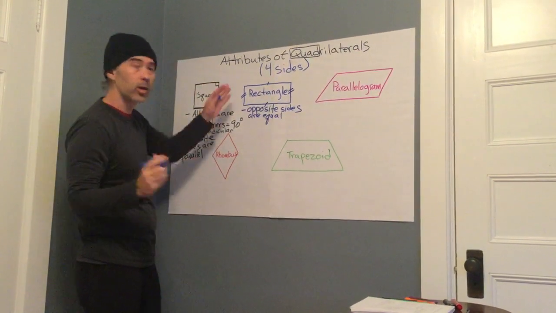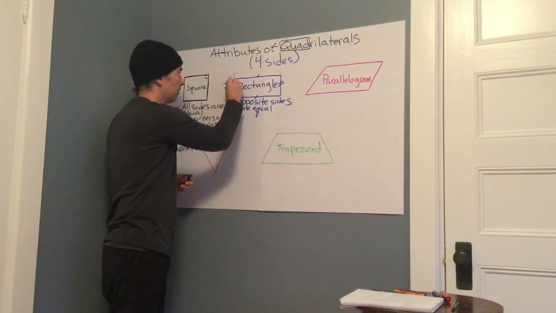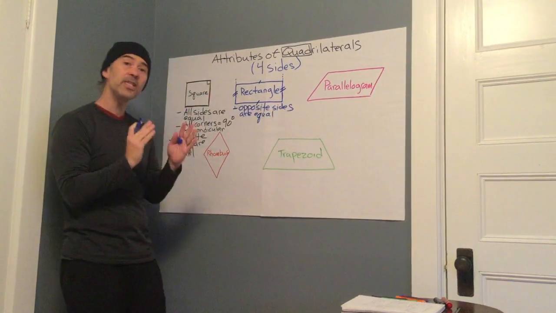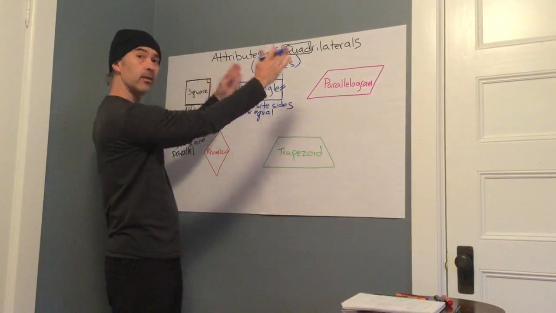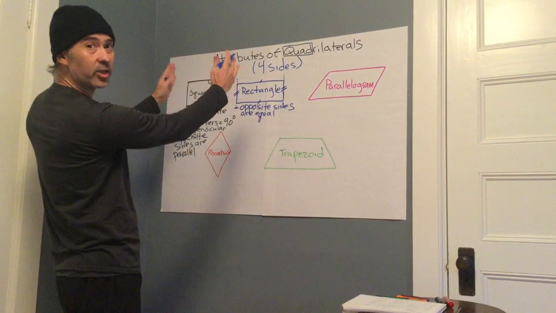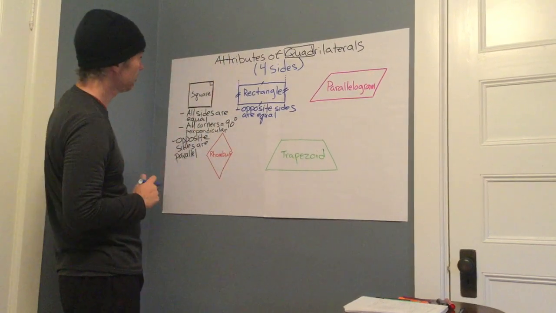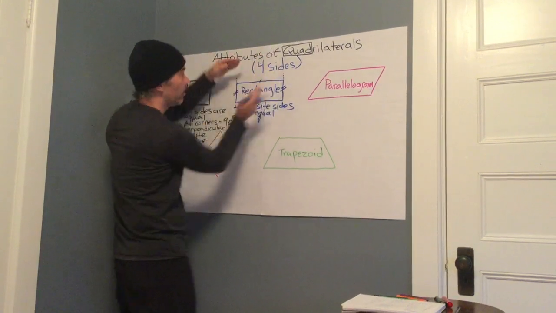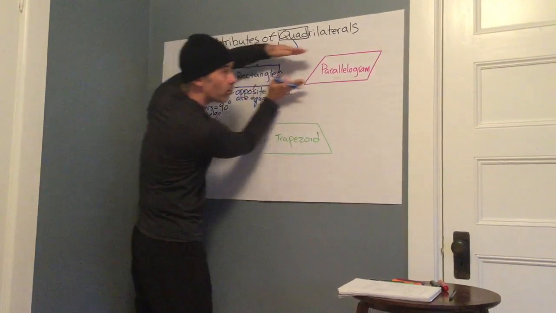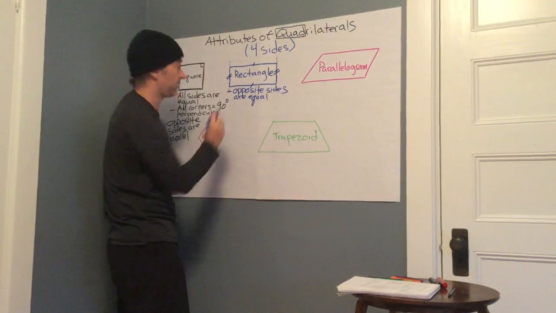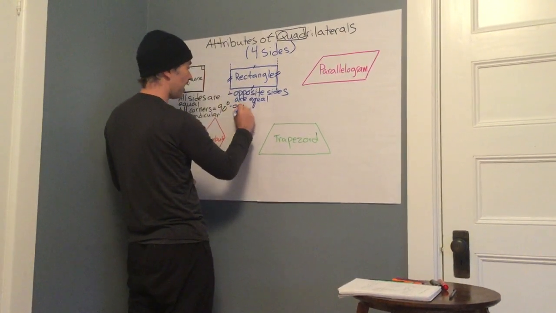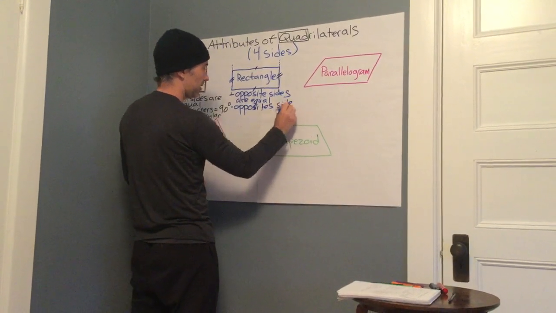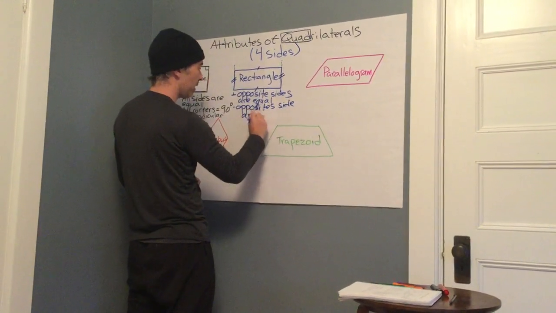Now, look at this side, and look at this side. Are the opposite sides also parallel? Do they travel in the same direction? They will never meet? Yep. These two sides will never meet. They're parallel. These two sides are also parallel. They won't meet. So, opposite sides are parallel.